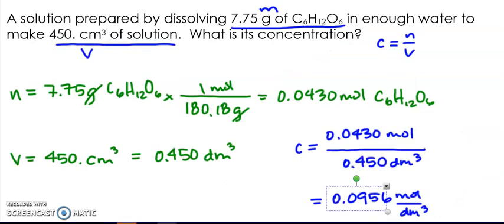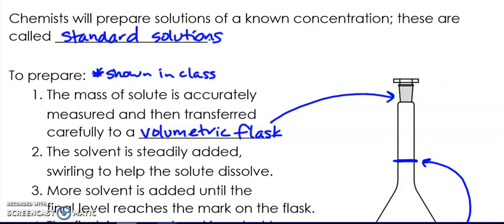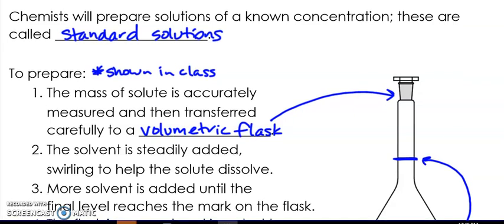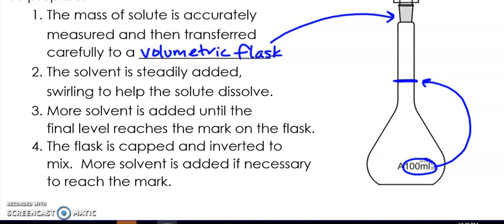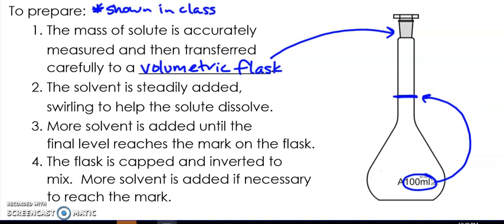So like if it was this last one, it would have been 7.75 grams of the C6H12O6. And then you add the solvent, which is typically water. So that is steadily added, and you swirl this around in the flask to make sure the solute dissolves. Then you add more solvent all the way up to the line. And then you cap it, and this one you can see the little cap drawn in there. You cap it and you invert it, which means flip it upside down.